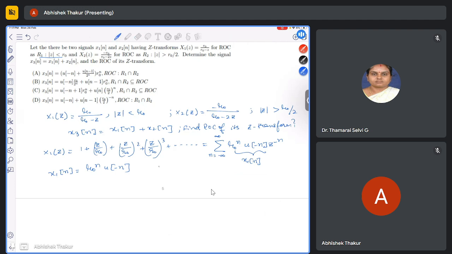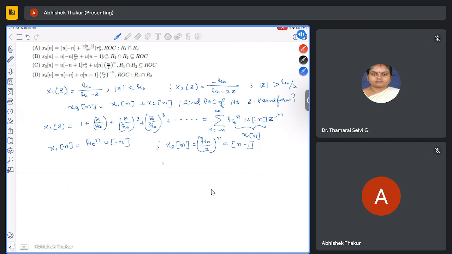Now, similarly, we can find our x2[n], which can be written as (r naught by 2) to the power of n u[n minus 1]. Now, adding the two, we get the region of convergence r naught by 2.